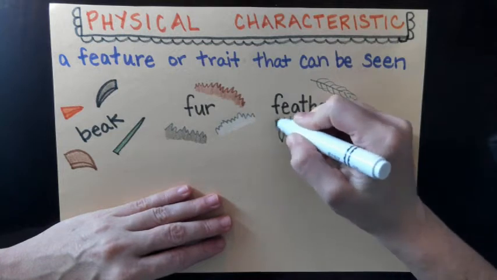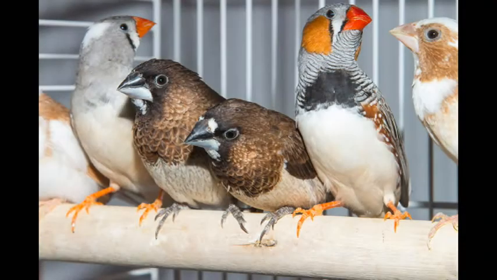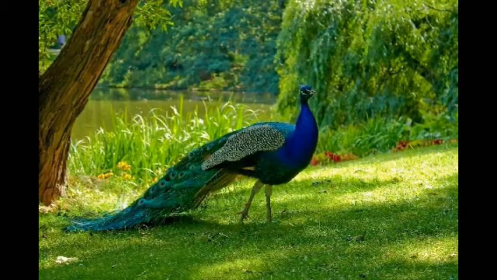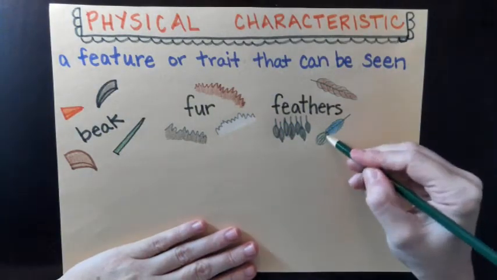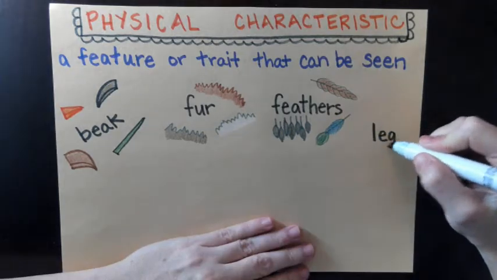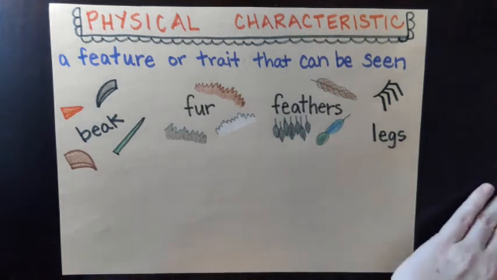There are also animals that have feathers, like birds again, and birds' feathers again are different shapes, different sizes, different lengths, different thicknesses, different colors. And it all depends on what a bird needs to help it survive in its habitat.